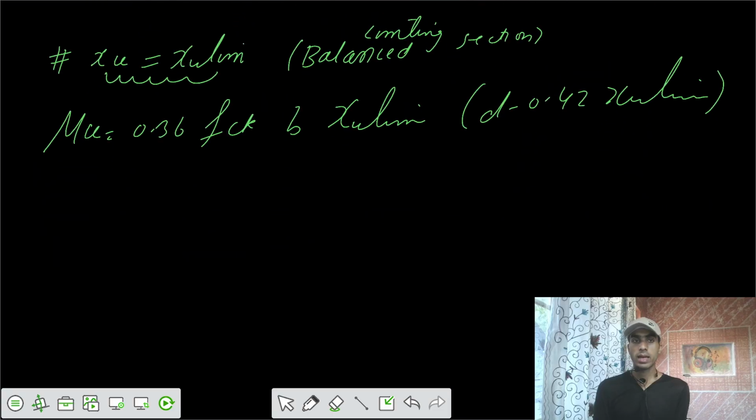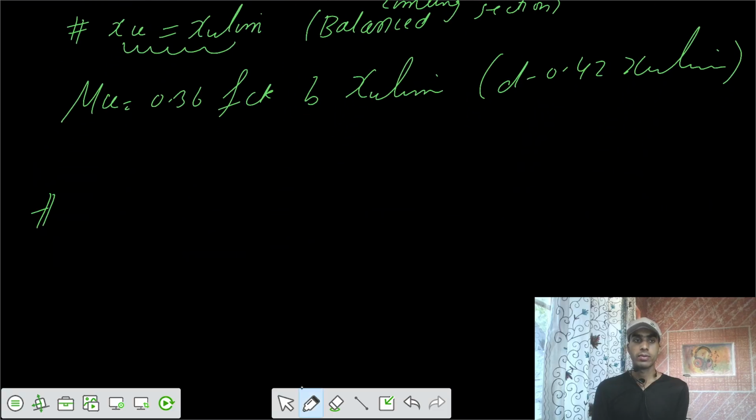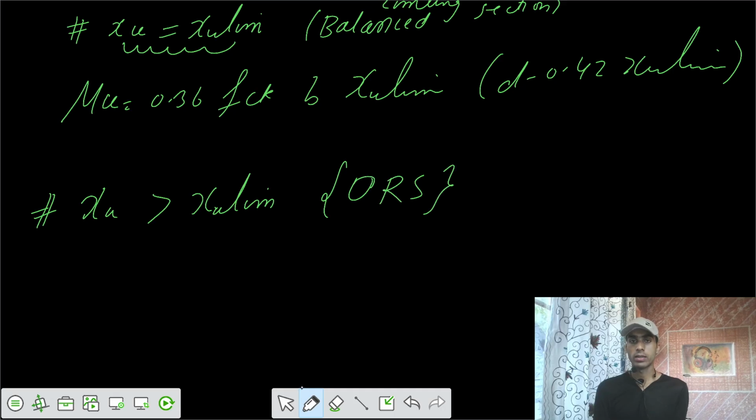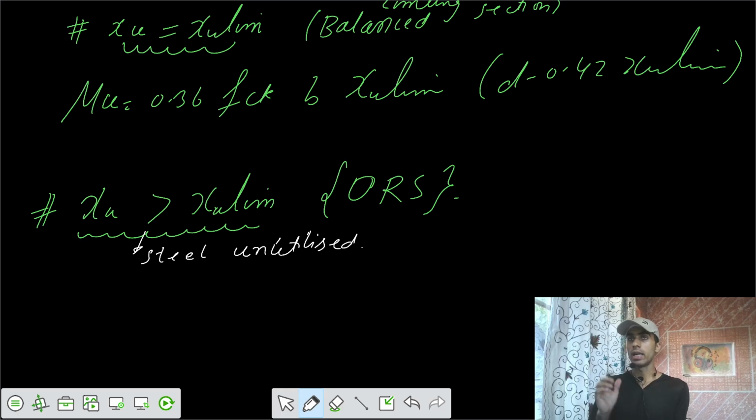And the third case is if the value of Xu came out to be greater than Xu limiting, so our section has developed as an over-reinforced section, ORS, and the code says that we should not prefer ORS. We should not prefer ORS because the steel is not getting utilized properly, because it's not going under yielding. We want yielding of the steel.